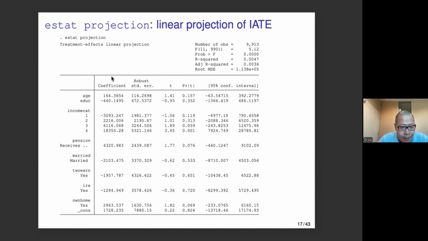Also we have these coefficients, which can be interpreted as the effect of variables on the ITEs when the ITE can be linearly approximated.